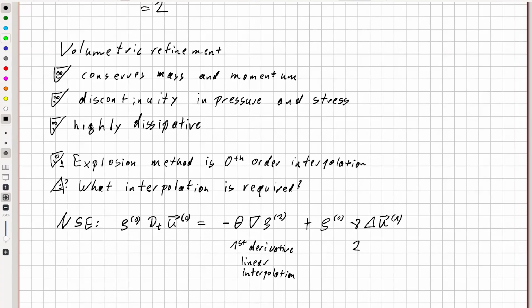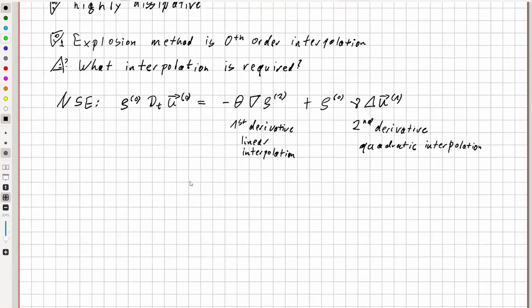Here for the velocity, we have a second derivative, and the second derivative implies that we need a quadratic interpolation. So obviously, when we do explosion, we don't have this.